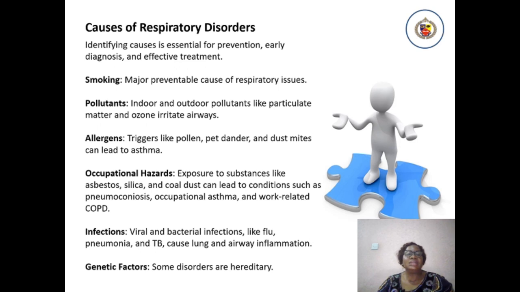Allergens: triggers like pollen, pet dander and dust mites can lead to asthma. Occupational hazards: exposure to substances like asbestos, silica and coal dust can lead to conditions such as pneumoconiosis, occupational asthma and work-related chronic obstructive pulmonary disease.